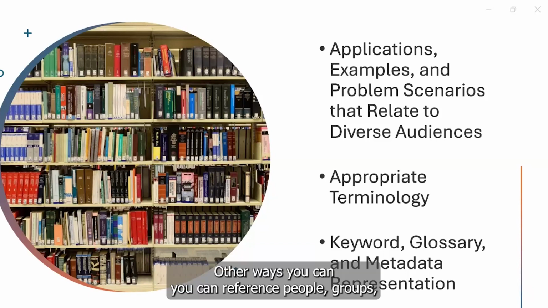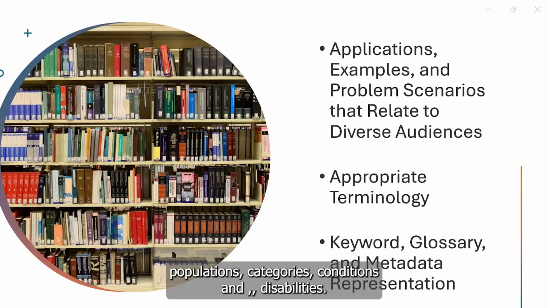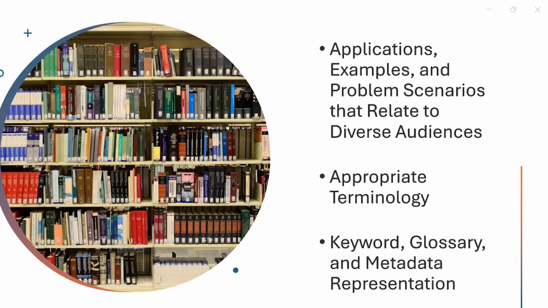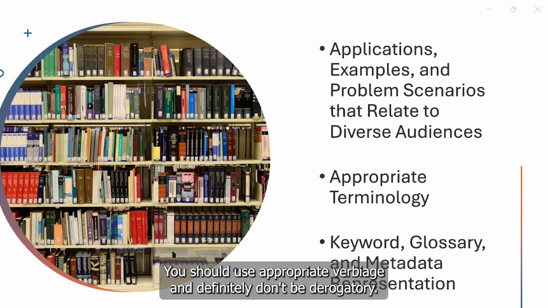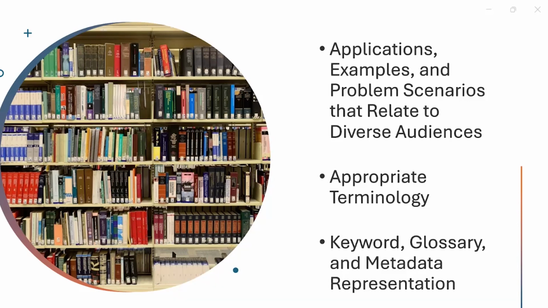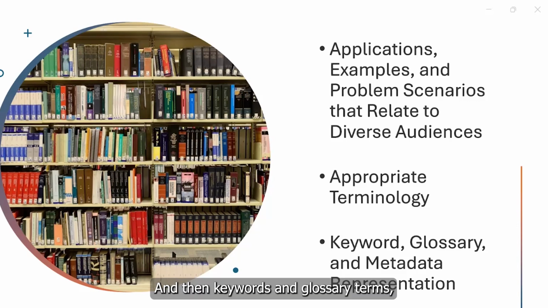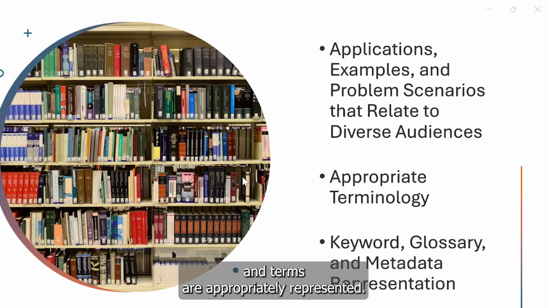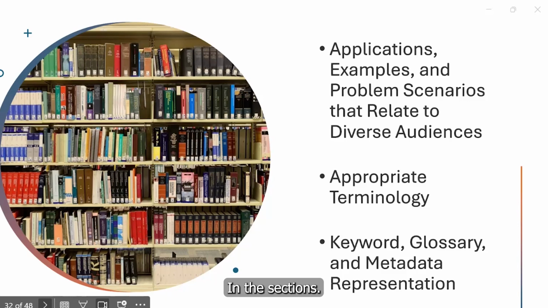Other ways you can reference people groups, populations, categories, conditions, and disabilities: you should use appropriate verbiage and definitely don't be derogatory. And if you don't know if you're being derogatory, ask someone for help. And then keywords and glossary terms should ensure that diverse topics and terms are appropriately represented in sections.